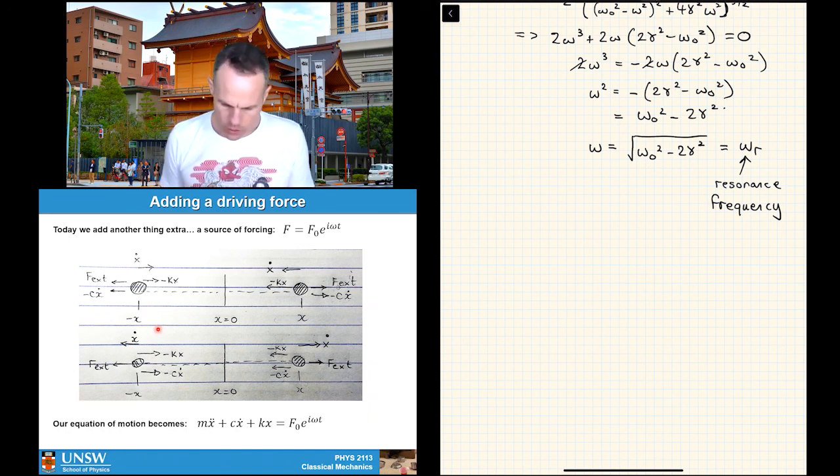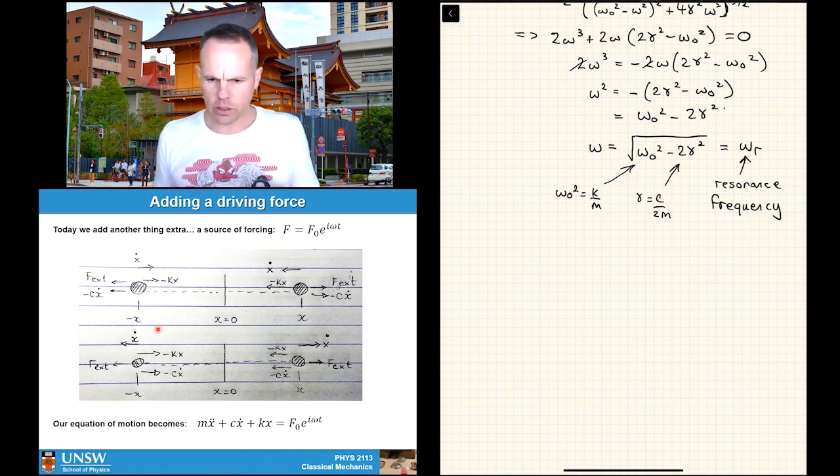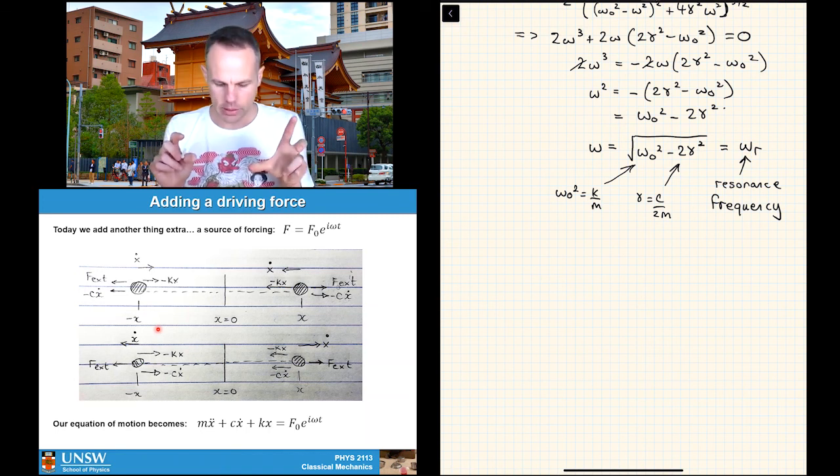And so you can see at this point, if we step back for 1 second, our omega naught squared is k over m, and our gamma in here is c over 2m. And so we still have this resonance frequency being tied to physical parameters, right? It's some balance between the spring constant, the damping constant, and the mass, okay?